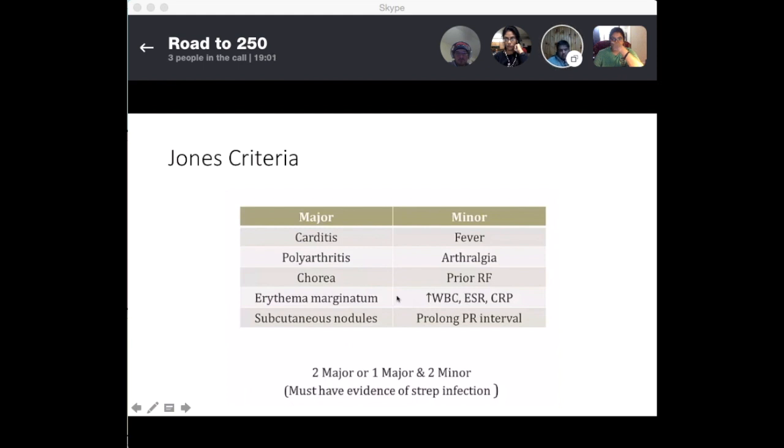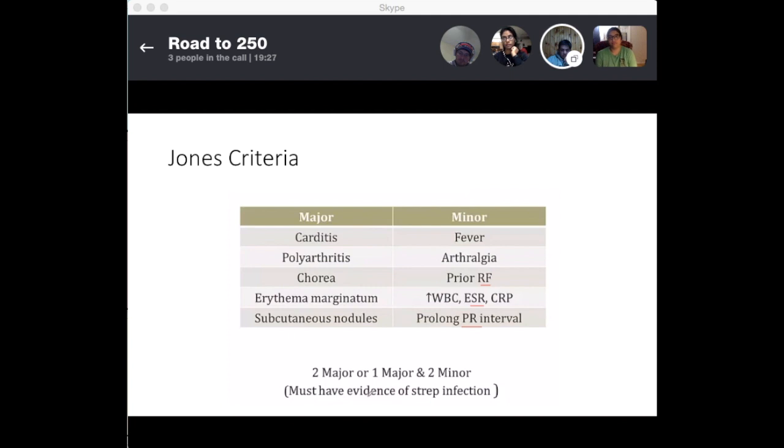All right, so Jones criteria. There are major criteria and minor criteria. The minor criteria are non-specific. They're not really going to prove anything, but you can see an elevated ESR, a prolonged PR interval, or a prior rheumatic fever. Any of these things are just minor criteria that you might see.